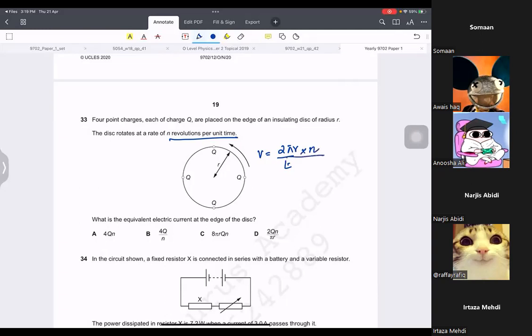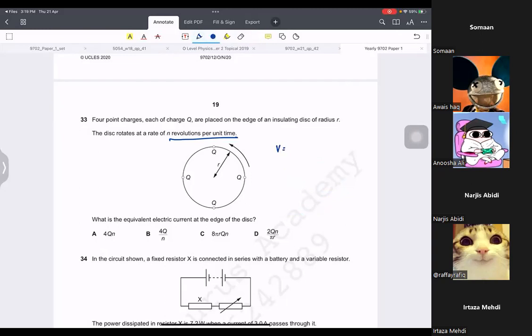So n times it is revolving in this, and 2 pi, and the radius is r, and it will rotate like 4q times n over t. I don't know what I've made, but chalo. 8 pi r q n over t. There is no t. What is this? That's wrong. I have to do something else. There's no t. So I have to think.